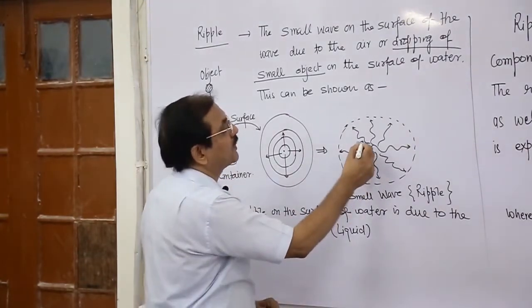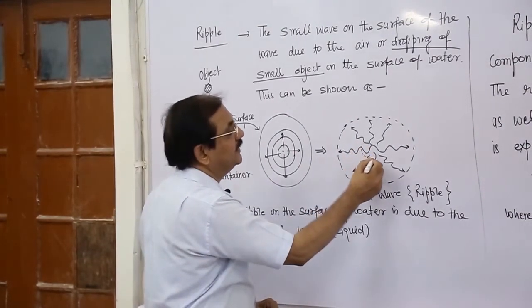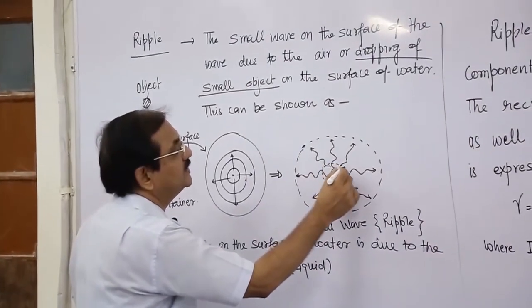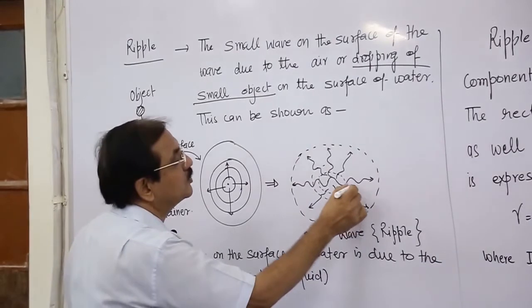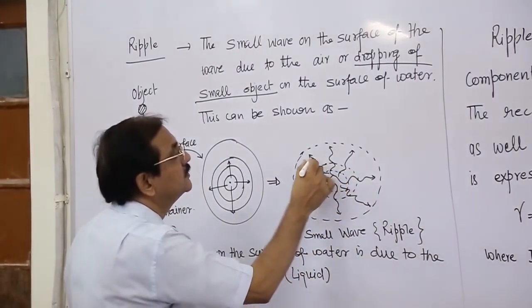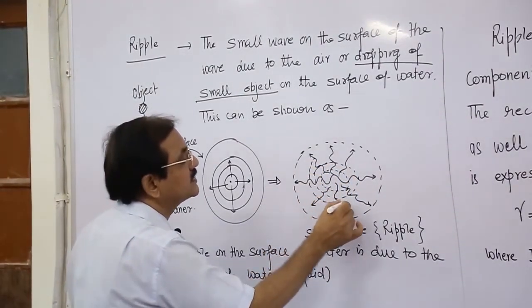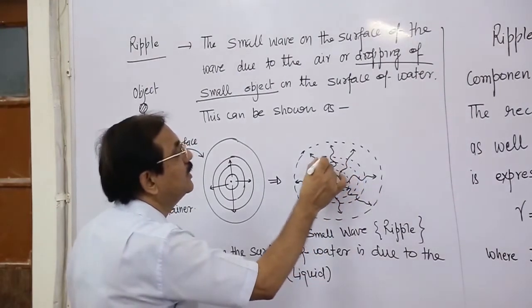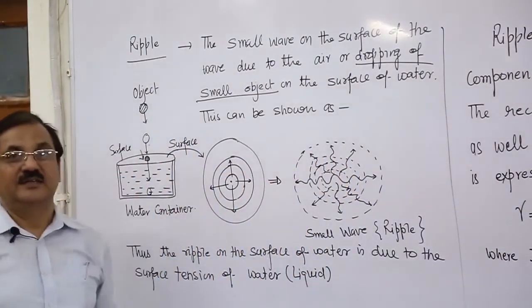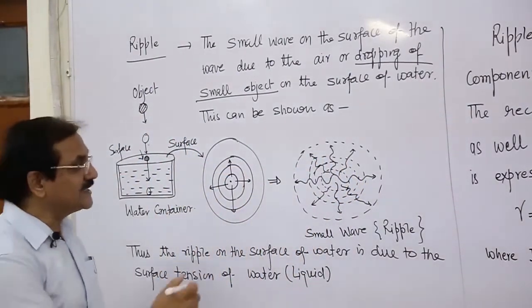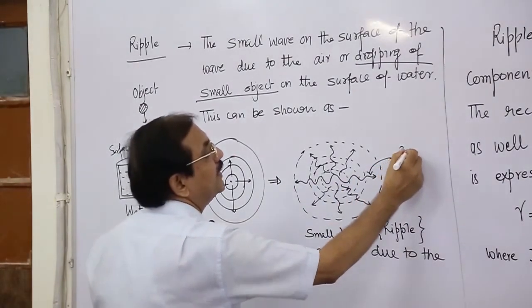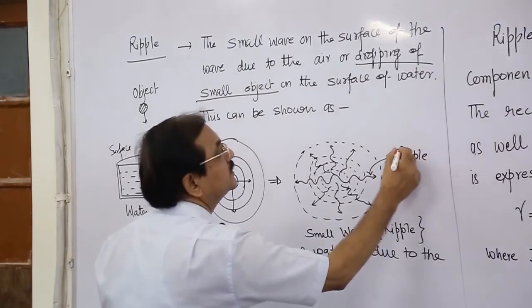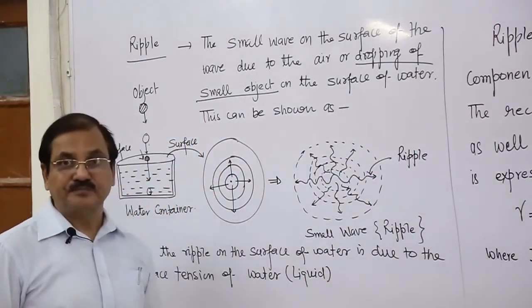If we join the points on the same phase, then there is a circle. So, this small wave is ripple.